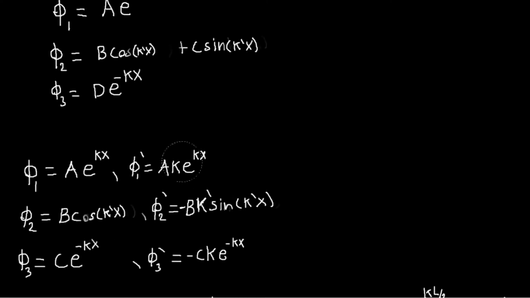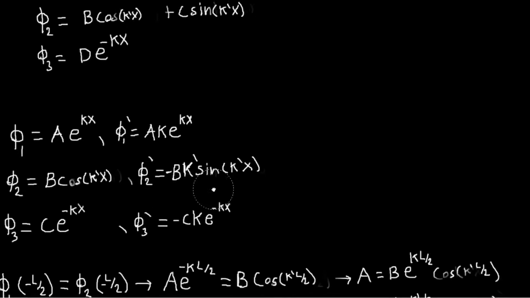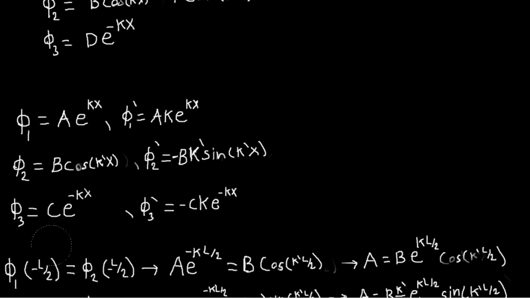We're going to use our boundary conditions on phi and its derivative. I've written the derivative for each of my three regions here. The first condition is that phi has to be continuous at the left wall at minus L over 2, so phi1 of minus L over 2 is equal to phi2 of minus L over 2. That leads us to this equation.